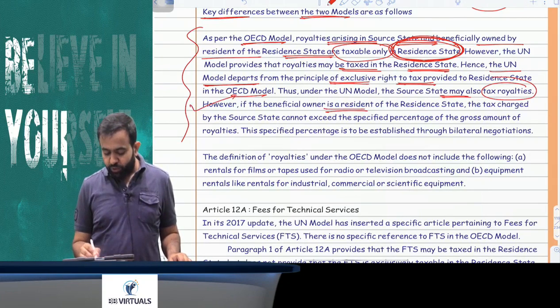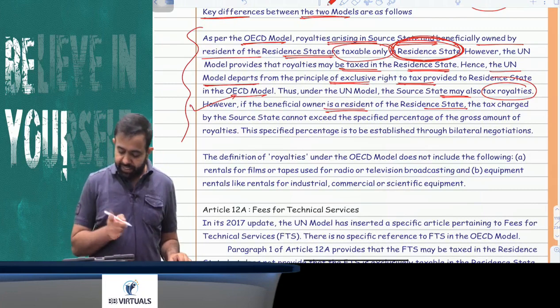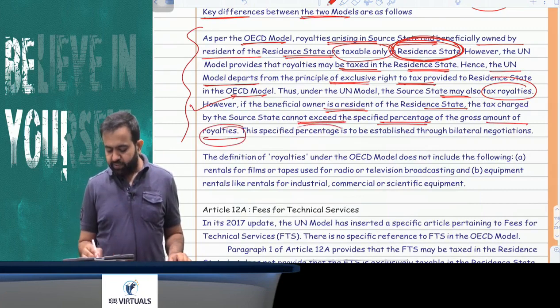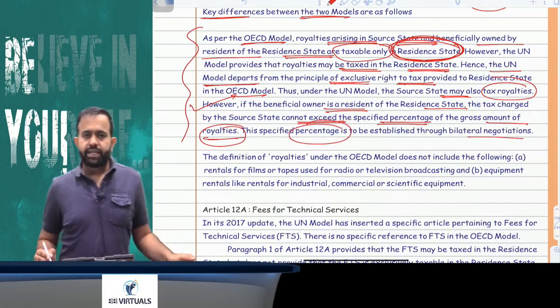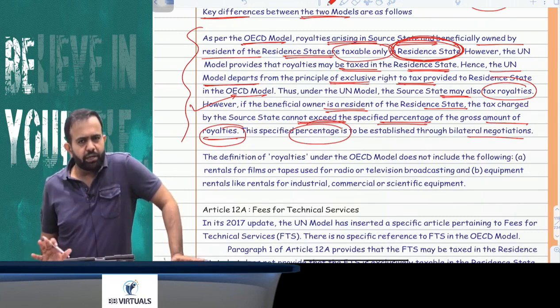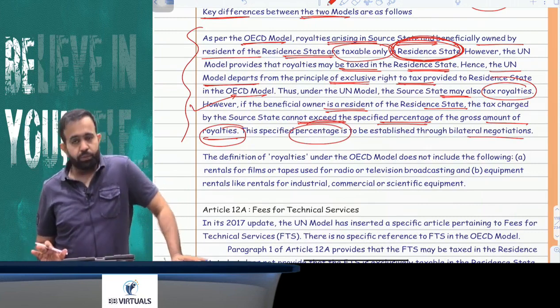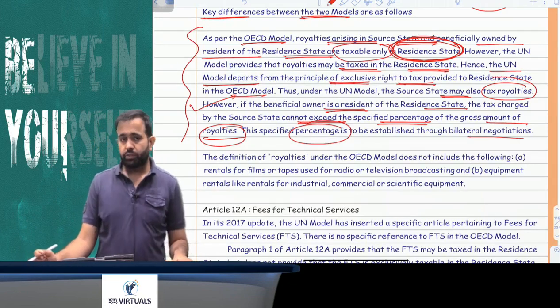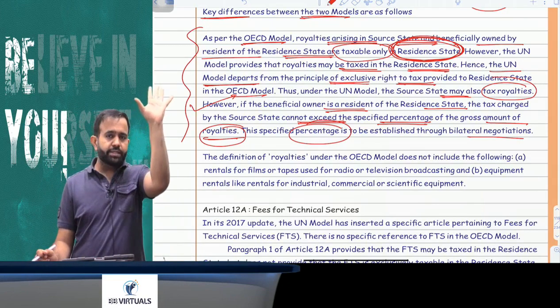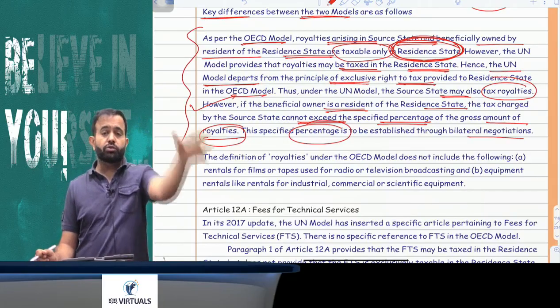However, if the beneficial owner is a resident of the residence state, the tax charged in the source state cannot exceed the specified percentage of the gross amount of royalty, and the specified percentage is decided by bilateral negotiation. So you have to decide what percentage of tax the source state should charge on royalty; that is in the UN model, but the OECD says only the residence state, not the source country.